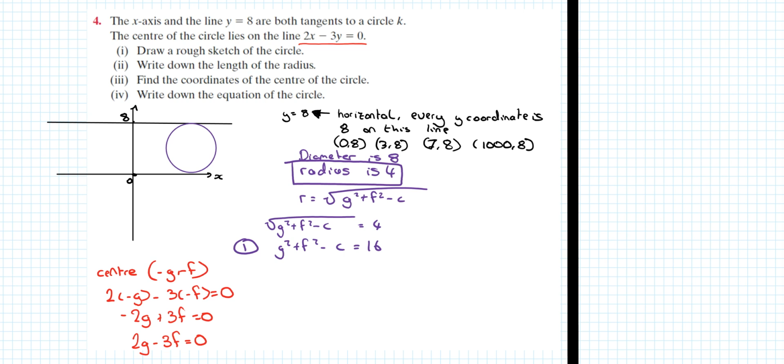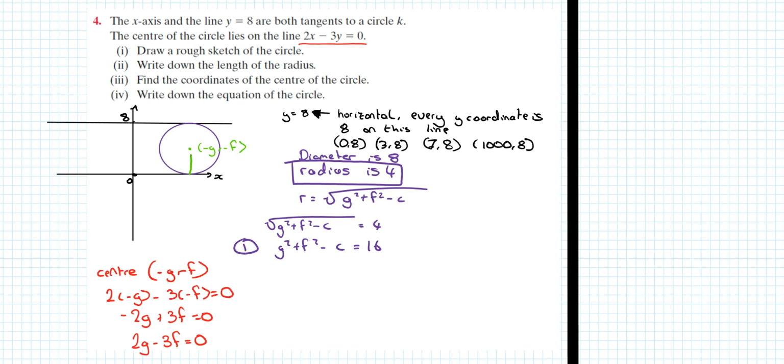Okay, well, is there anything else I know about it? Well, I know the center is going to have to be here, and that should be minus g, minus f. But I've already stated the radius. What's the radius? The radius is 4, because it's half the diameter, yeah? If the radius is 4, that tells me how high up off the x-axis it is.